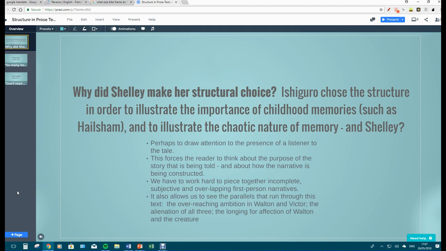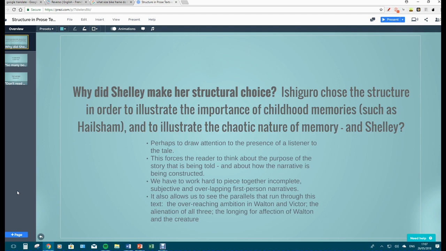And of course, in terms of Shelley's structural choices, by having these different voices running through the novel, it enables us to see the parallels. If you didn't have these different voices, you might not see them, but while the characters themselves don't recognise that they have parallels, the reader can.